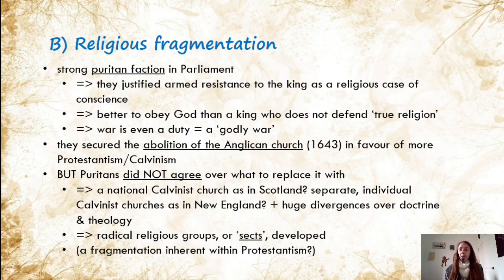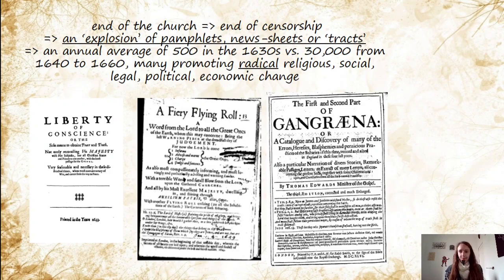There was also the development of radical religious groups that were called sects, and fragmentations all over the shop. But one question we could ask ourselves is whether fragmentation is actually inherent within Protestantism itself.